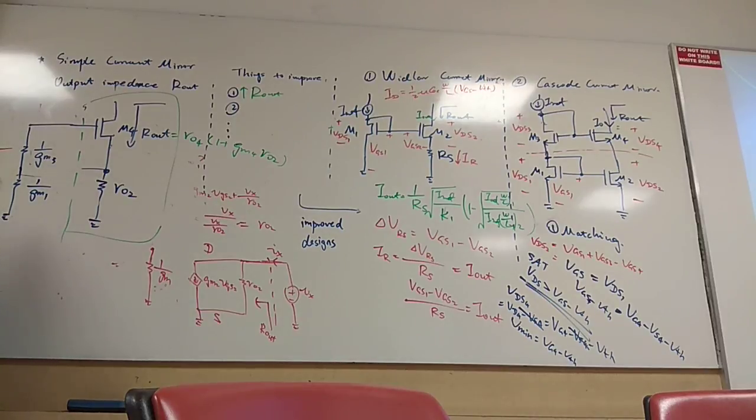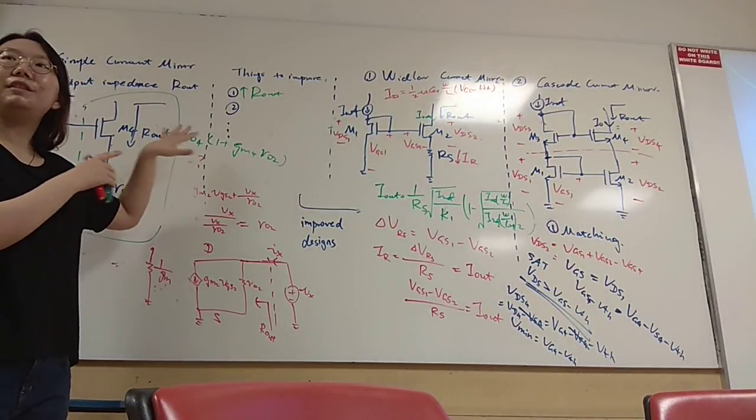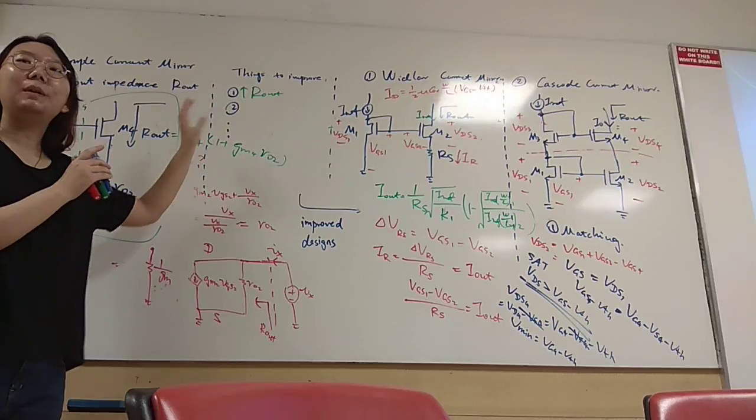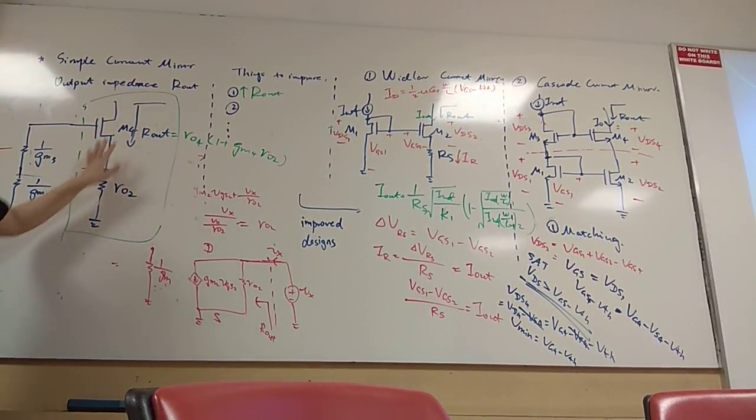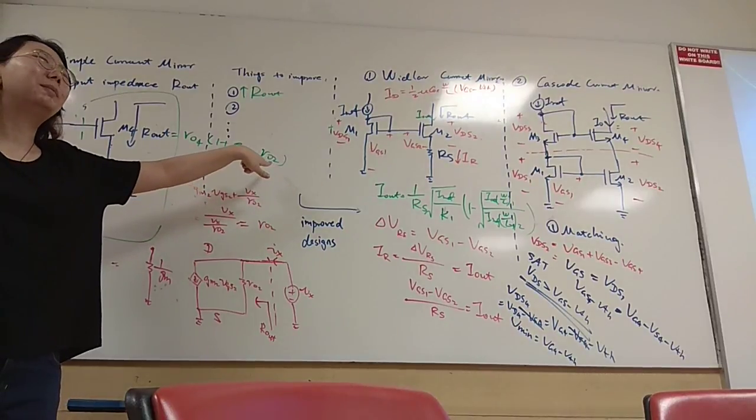So basically there is no current flowing through this resistor, so there is no VGS. If no VGS, then this guy is gone. There's no GM VGS current source. So this part is easy, right? For the output impedance, you only need to remember the equation. Once you see this source degenerated structure, you can directly write the output impedance.